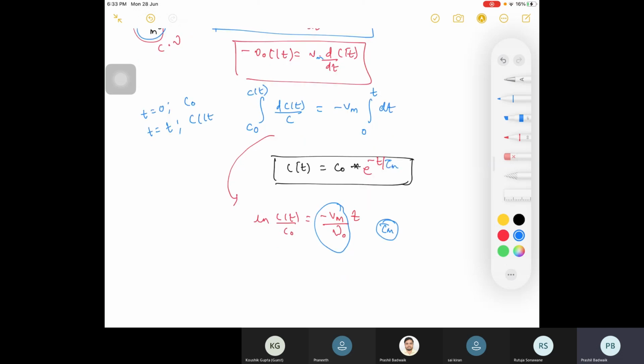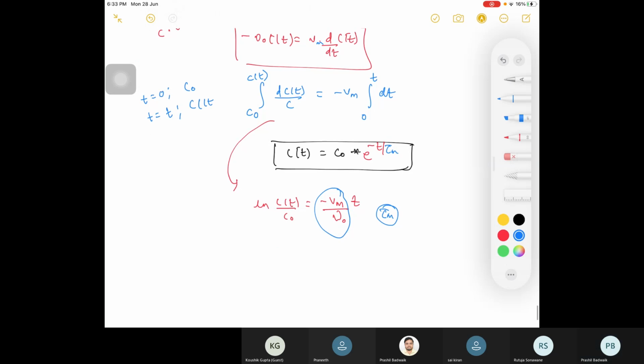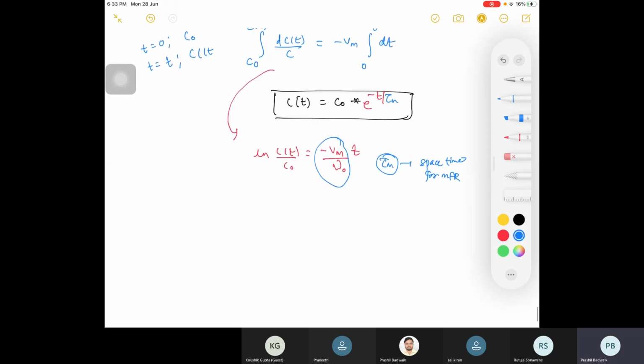C at any time is equal to C naught into e to the power minus t by tau m. That is your space time for MFR. Are you getting this? Please raise your hand. Pranit? Okay.